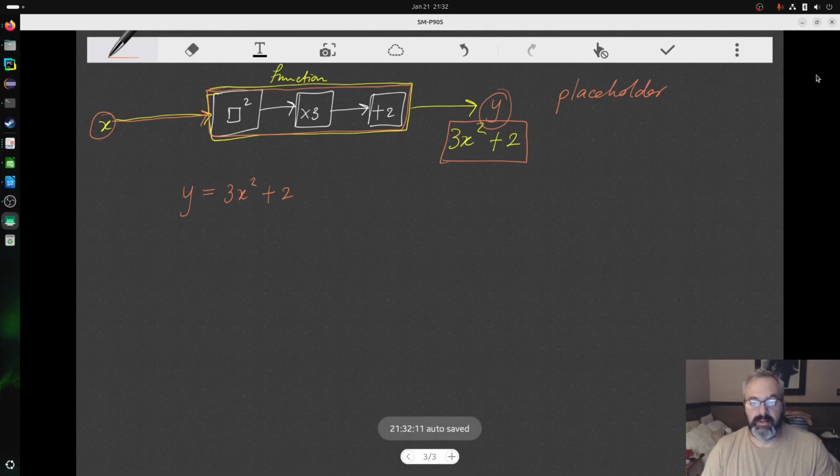These two things are the same. I just said I don't know what the output is going to be, so I use the letter Y for it. And if I put x into the function, it gives me 3x squared plus 2, so the Y and the 3x squared plus 2 must be equal to each other. They must be the same thing.